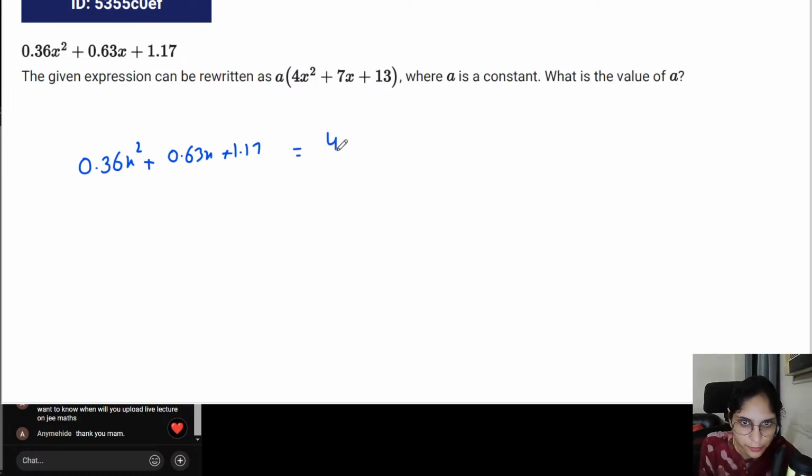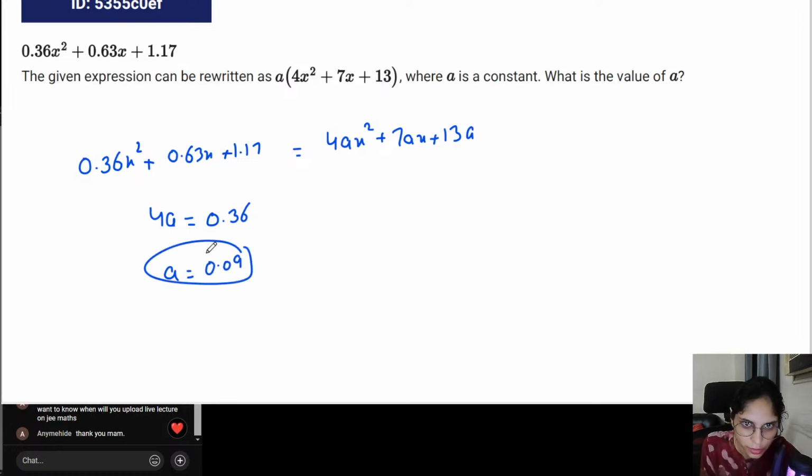So when you multiply, you will get 4ax squared plus 7ax plus 13a. I'm directly distributing. So you can take anything which you want. I'm taking 4a is 0.36. A is going to be 0.09.